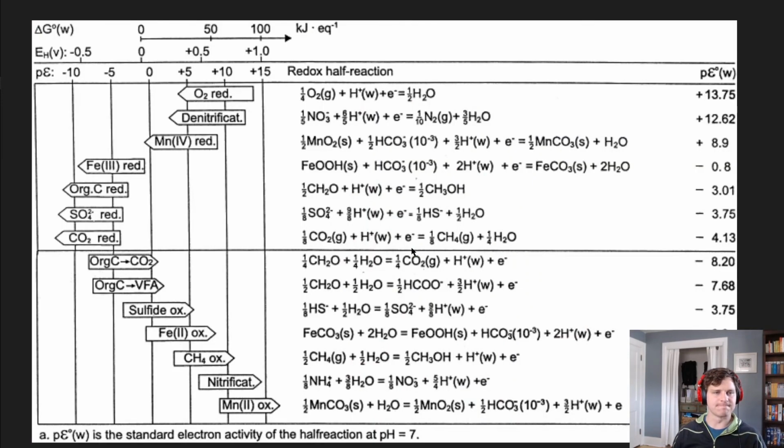Okay. And now we get to the final idea, the redox ladder. That's the types of reactions that go on in decreasing order, and they provide decreasing energy for the organisms doing them. So we have oxic respiration, we have denitrification, manganese reduction, iron reduction, organic carbon reduction, sulfate reduction, and then CO2 reduction.